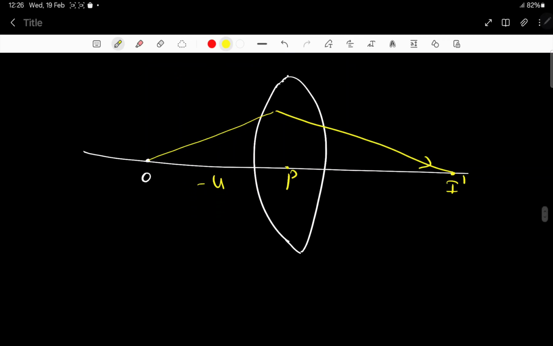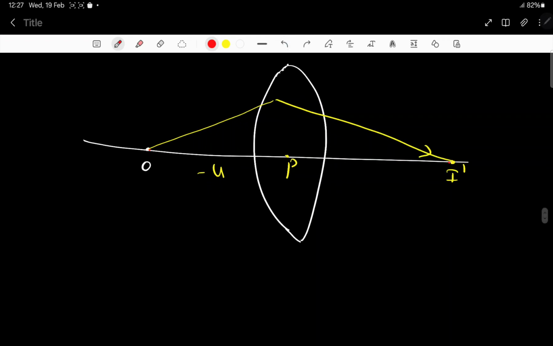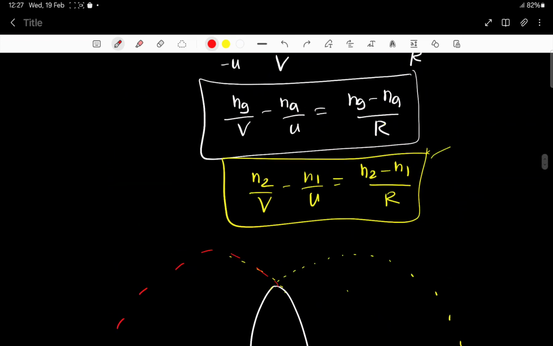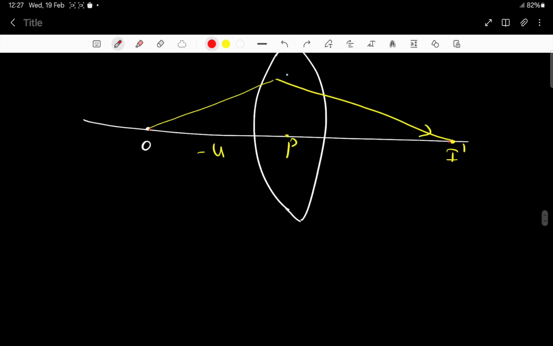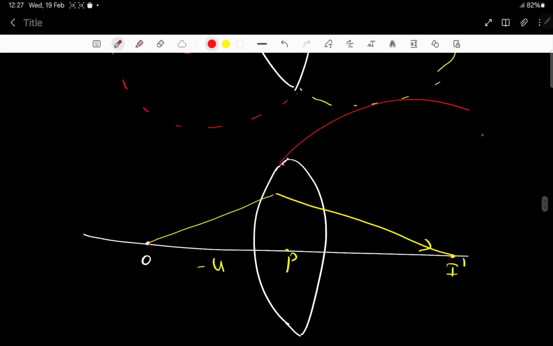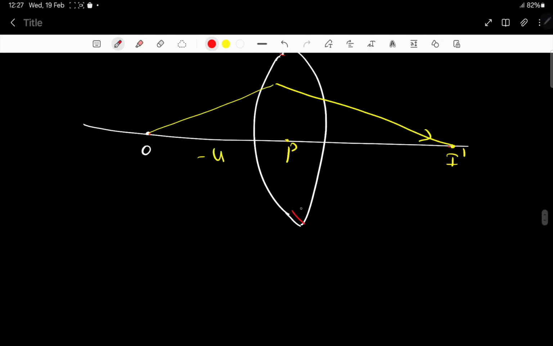If I ignore the presence of the other surface and consider only this surface alone, then because of the refraction at this single interface, the image of this object might be formed at this position. We can calculate the position by using the end results of this derivation. On this side it's entirely made up of glass, we can make that assumption.